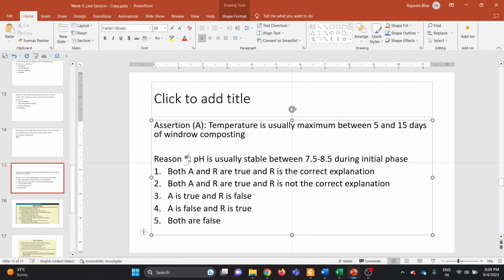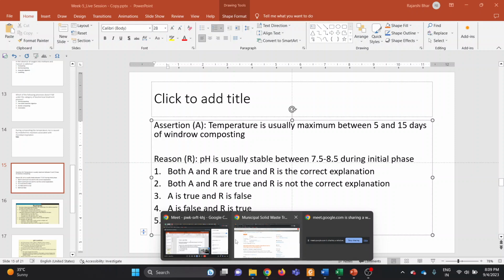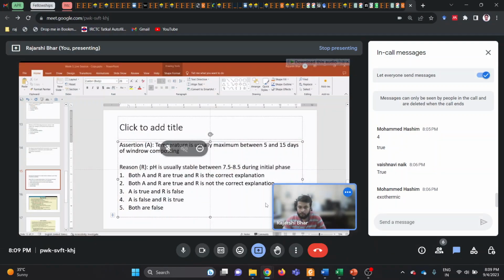Okay, so which one do you think is the correct answer? Please read the question carefully, then I will show you one graph and you can use the graph to arrive at your answer.